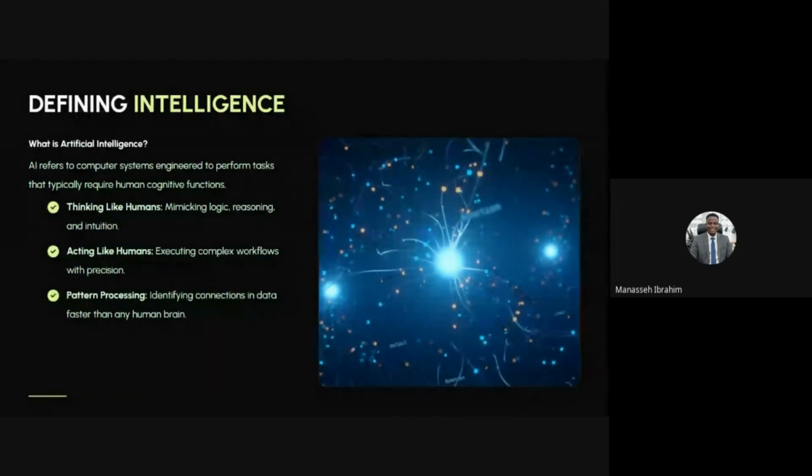It does not require any intelligence. It's a no-brainer; you can write simple code to do that. But artificial intelligence comes in when you cannot write simple code to achieve a task. So AI systems think like humans, act like humans on their own, and are able to process patterns.